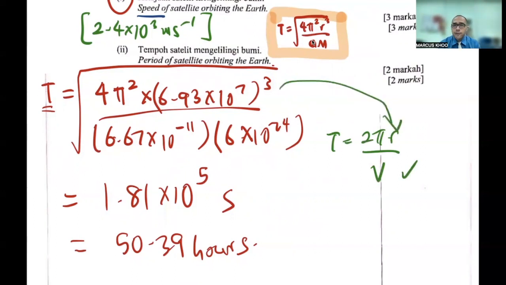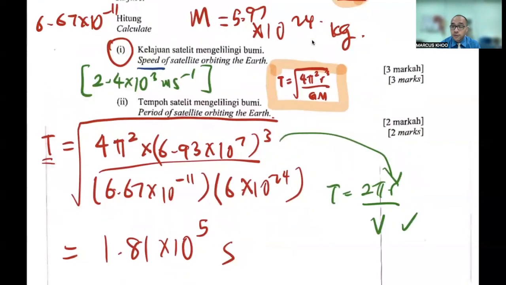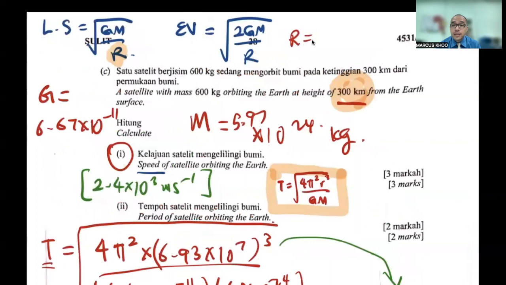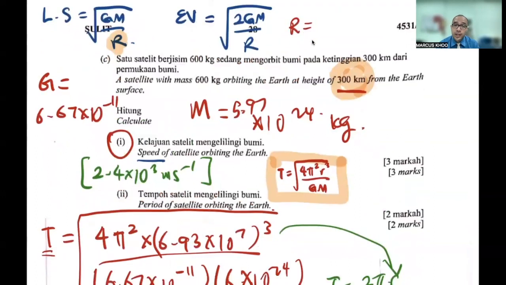Okay, there are many formulas for this period of satellite. Of course, the more popular one is the square root of 4 pi squared r cubed over GM. And so this makes this particular calculation question a challenging one, especially if you're not familiar with the formulas. So I would suggest that you take some time, maybe you can pause this video for a while and work out the calculation.